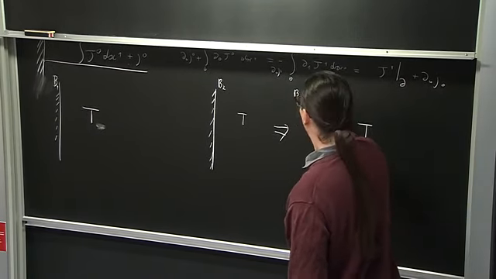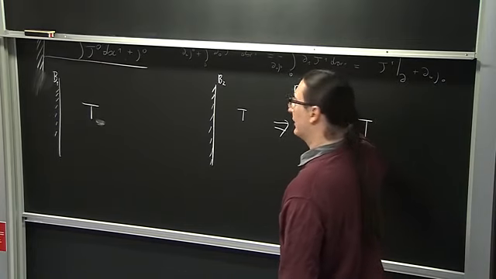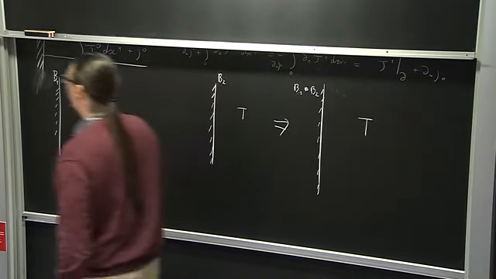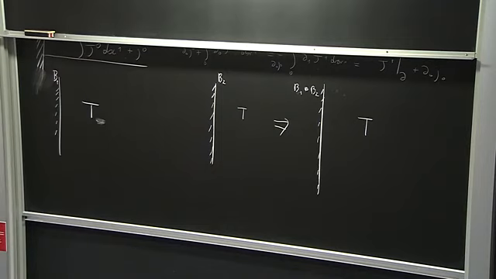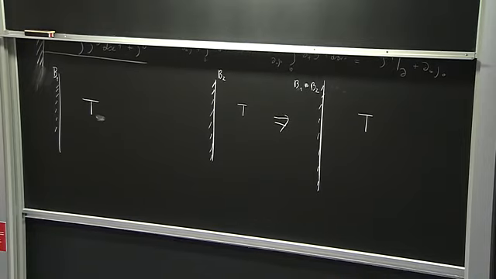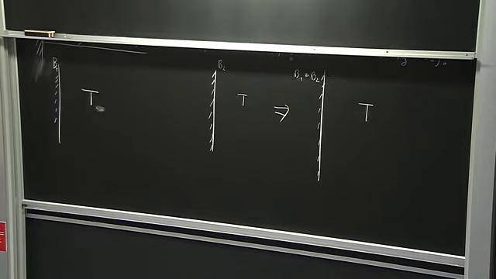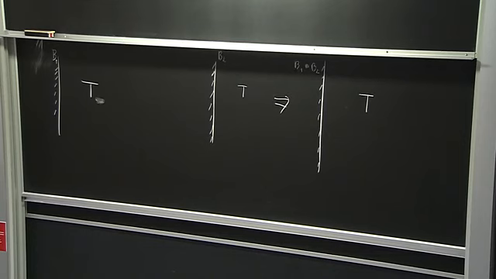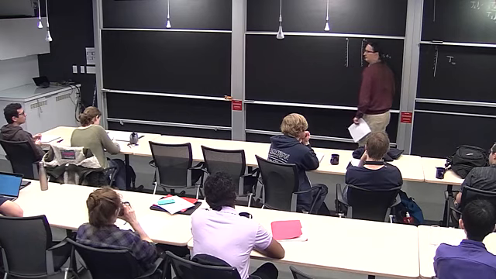So what are the properties of this direct sum? One of the properties is that if I put my theory on a strip with boundary condition 1 and boundary condition 3, this gives you some space of states labeled by the choice of boundary conditions at the two ends.